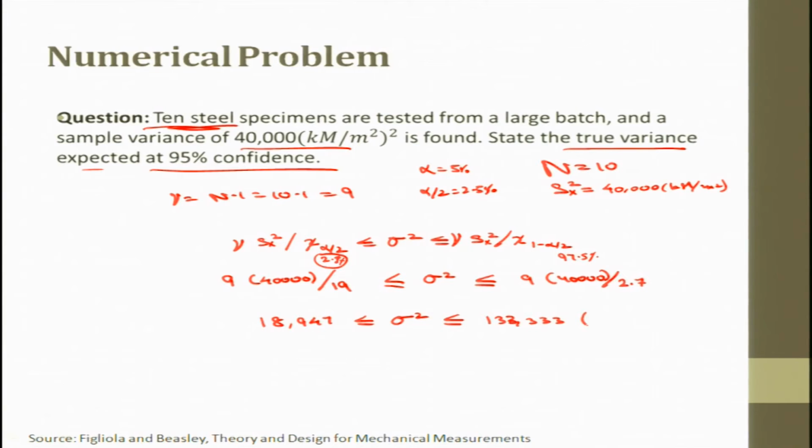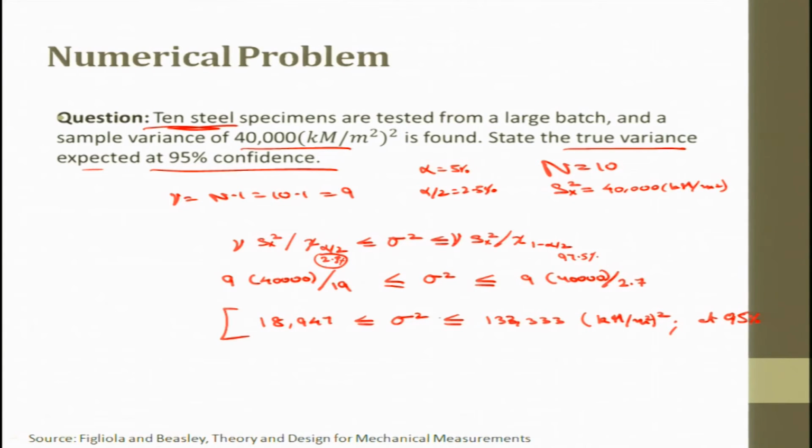I can put the units for the variance as well, kilometer per meter whole square, because this is variance, at 95%. Okay. Now this precision interval about the variance is due to random chance. As n becomes larger, the precision interval narrows as our sample approaches the population.